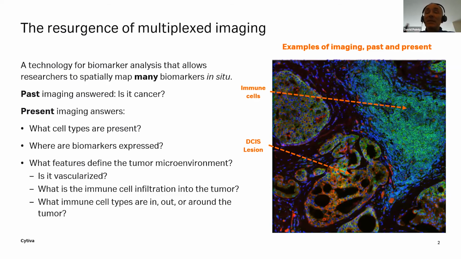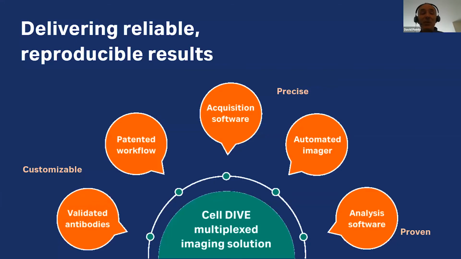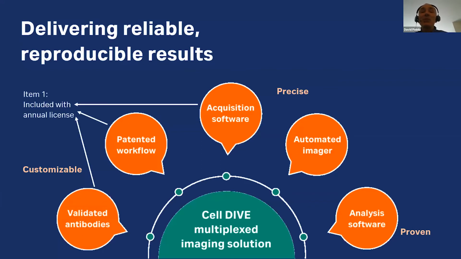So quickly, this system, the CellDive system, is composed of 3 different parts. The first is more related to the biology and the workflow. First, we have validated a large list of antibodies that you can start with and use in your assay.